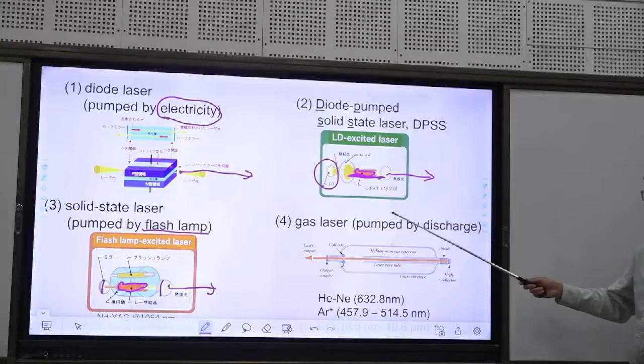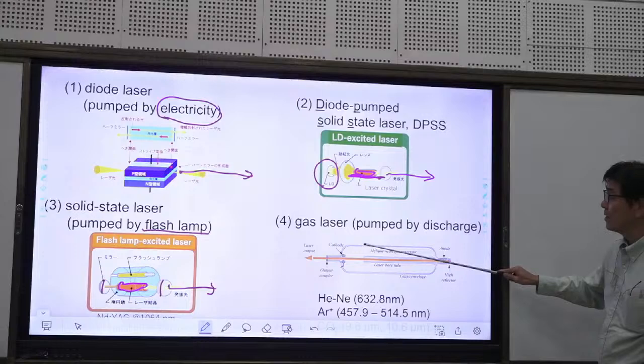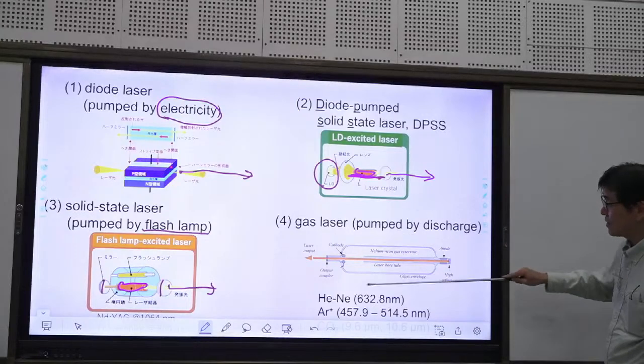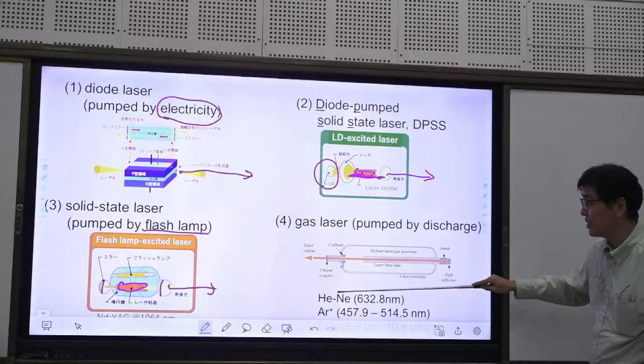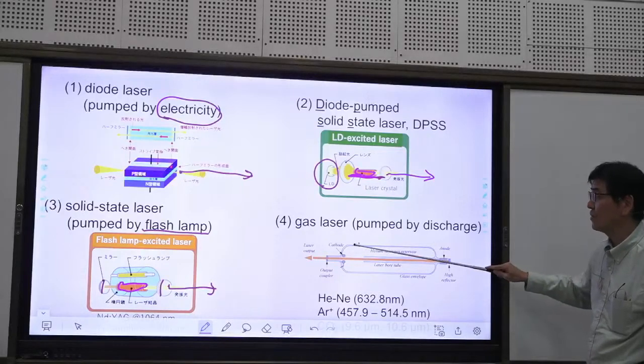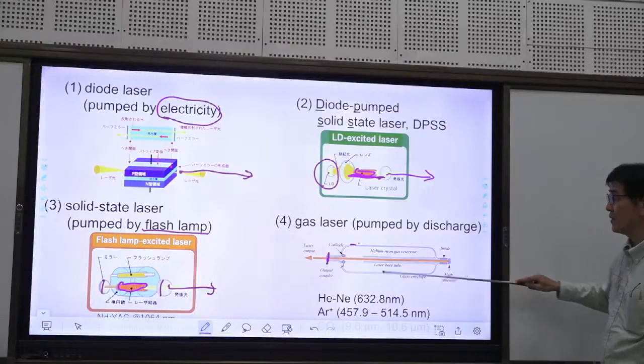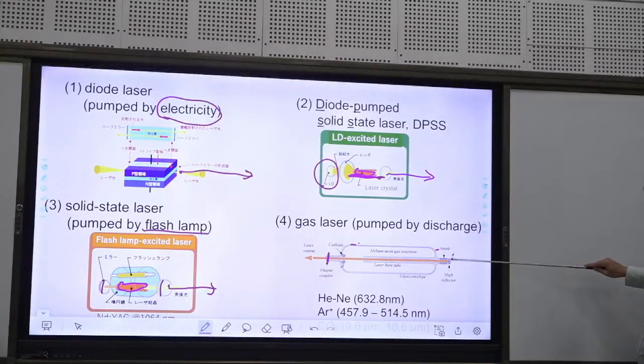The fourth kind is a gas laser. This is typically helium neon or argon ion packed in this container, and the end is a mirror.